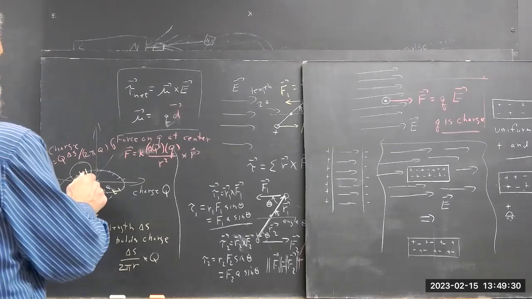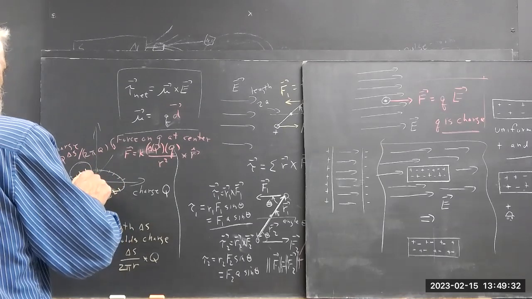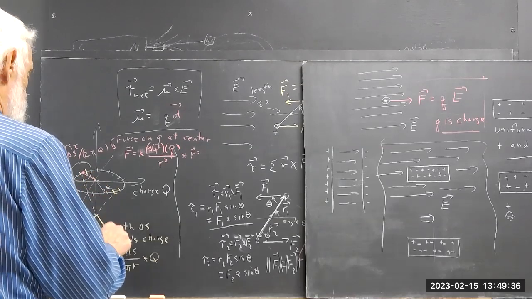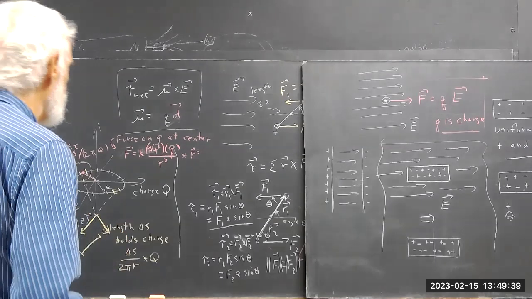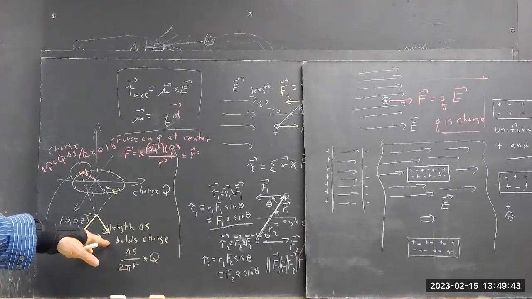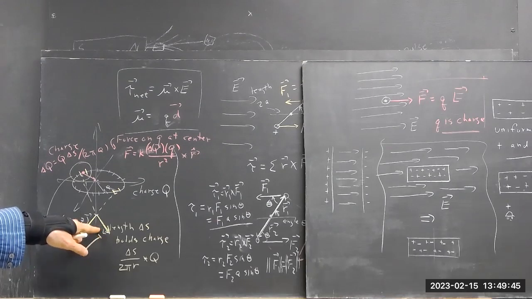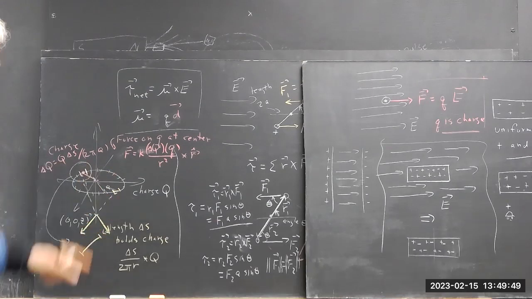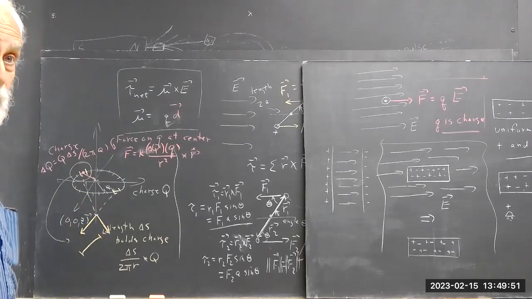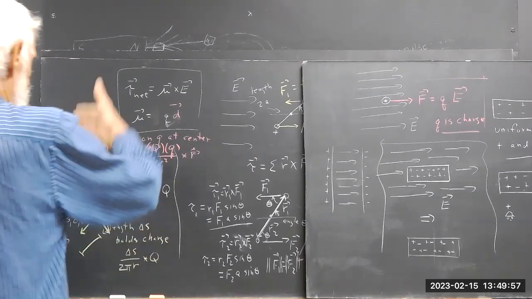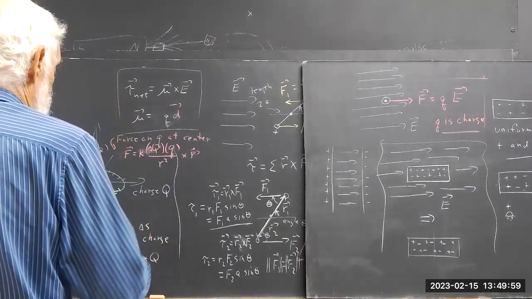And the force exerted by the charge here will be another vector of the same length, same magnitude, because it's the same distance. Okay, and at the same angle with the z-axis, but in the same plane as these two.